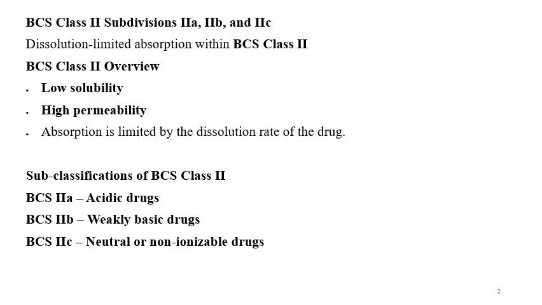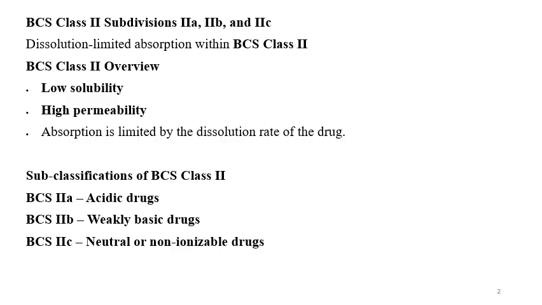BCS class 2 is a class of drugs in which there is dissolution limited absorption. So dissolution is very important. BCS class 2 drugs have low solubility but high permeability.